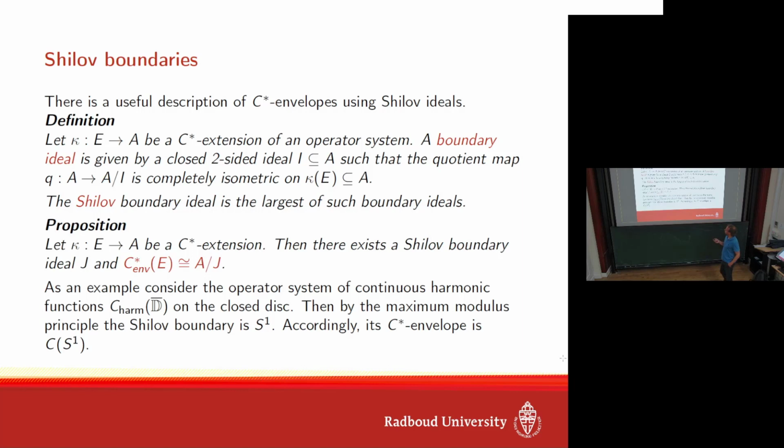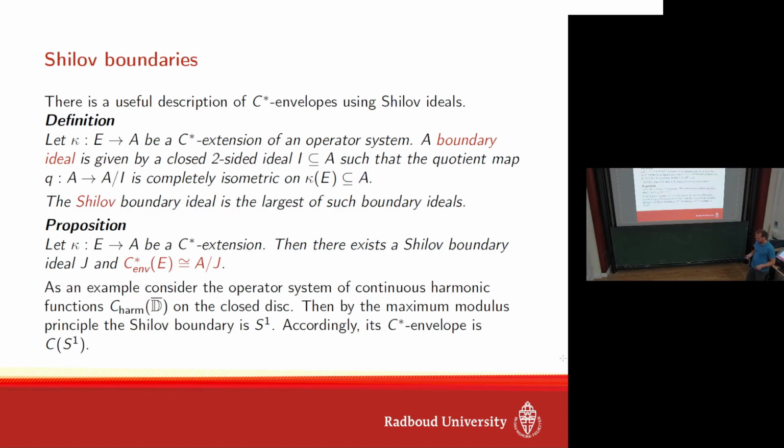But maybe a good example, which is more in the sense of Arveson, is that they take harmonic functions on the closed disk. So I'm working inside the C-star algebra of continuous functions on the closed disk. But then I restrict to the operator system of harmonic functions. And of course, if you multiply harmonic functions, they will not be harmonic. So that's an honest operator system.